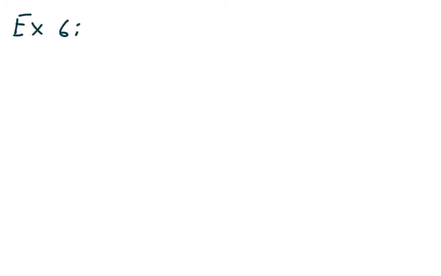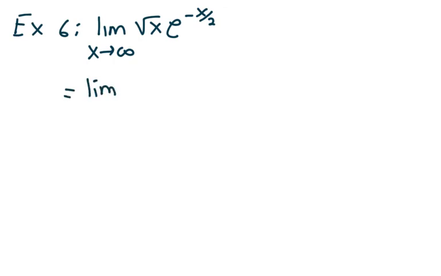Example 6. Suppose I had this one. The limit as x goes to infinity of square root of x e to the negative x over 2. So I'm just going to rewrite this and get rid of that negative exponent because it's in the way.